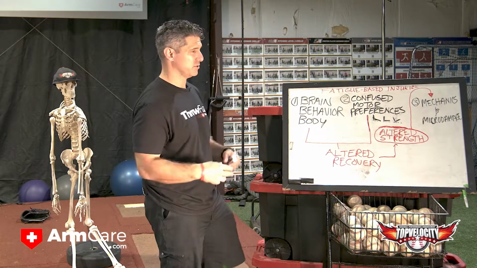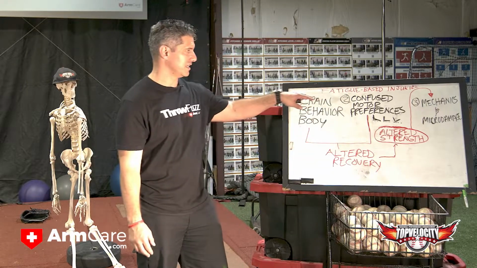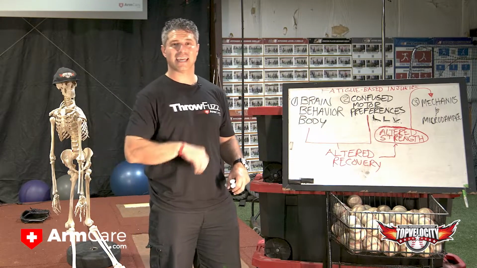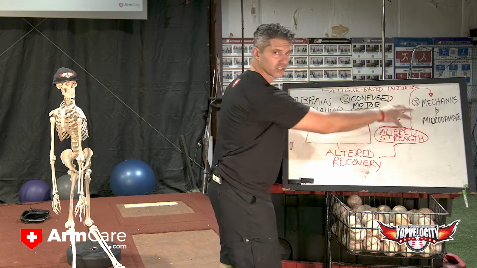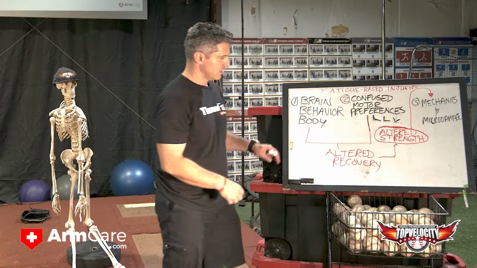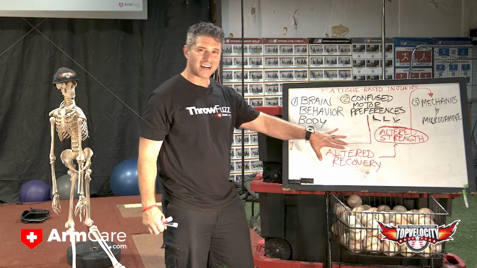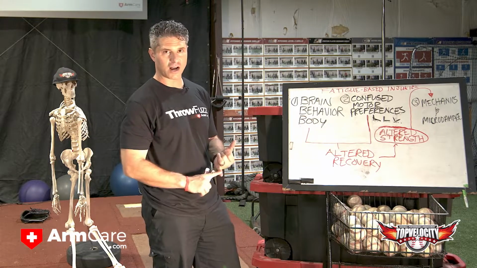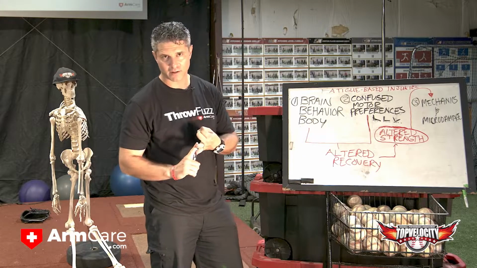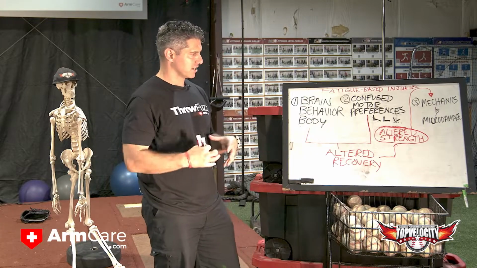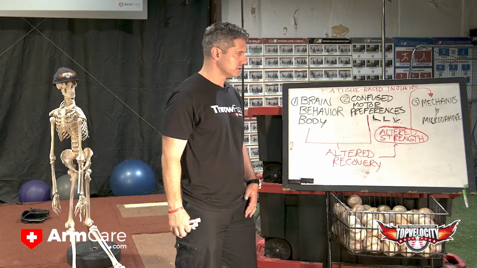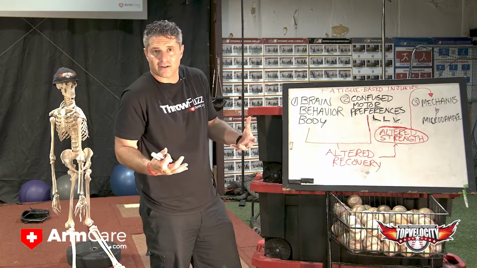But here's the big issue, because there's another connection between these two factors that is a mechanical determinant of injuries, and that's when we have altered strength. We have altered strength because of altered recovery, whether it's neurological, metabolic, our muscles aren't getting enough nutrition to be able to contract, definitely hormonal, and just contractile.